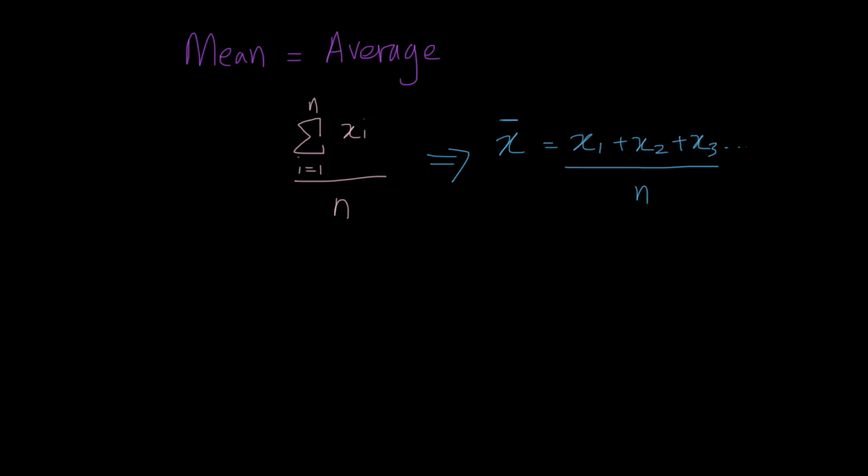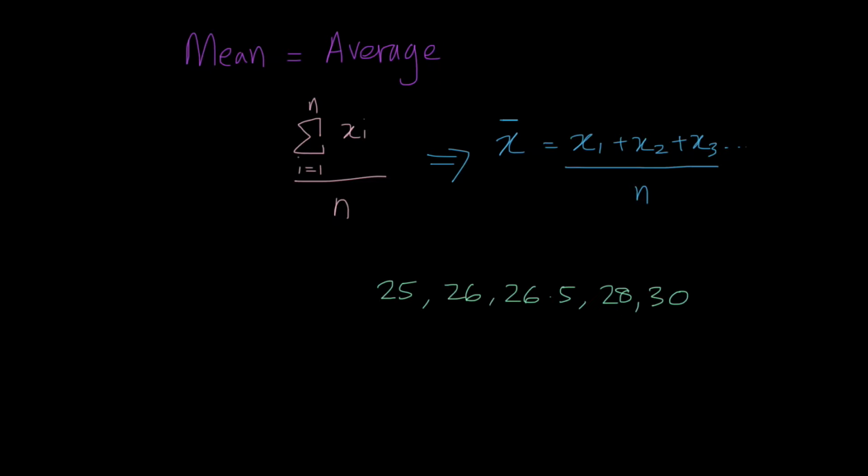So let's do a really quick example. If I have numbers like 25, 26, 26.5, 28, and 30, the mean would basically be just the sum of these terms divided by, well, I have 1, 2, 3, 4, 5 terms. So the sum of this divided by 5. And let's see what that gives us.